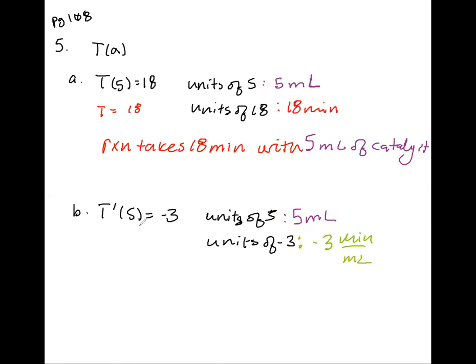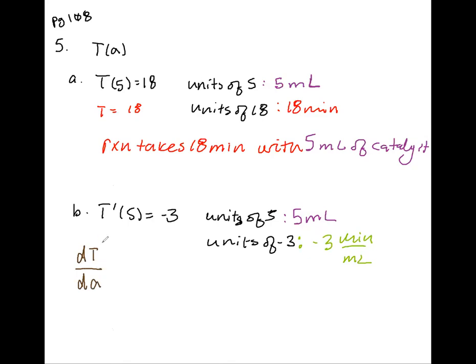And so one way that we can visualize that is if we use the Leibniz notation. This is problem 5, but problems 1 through 4 had us doing Leibniz notation for a variety of problems. And as I mentioned, I think Leibniz notation is really good in some aspects because it lets you visualize you're taking the derivative of the time with respect to the amount of catalyst added.